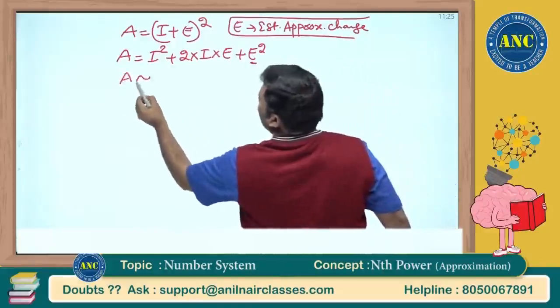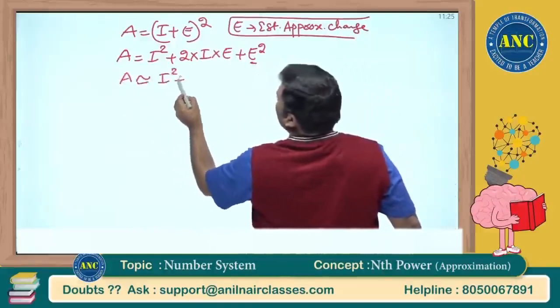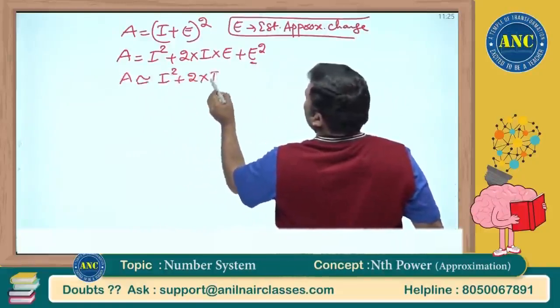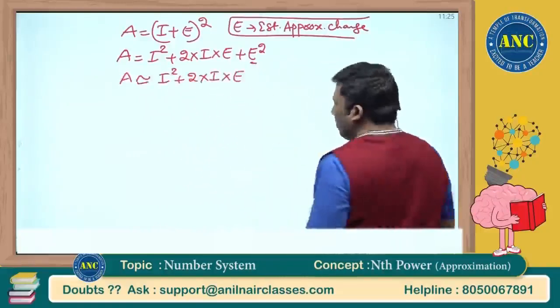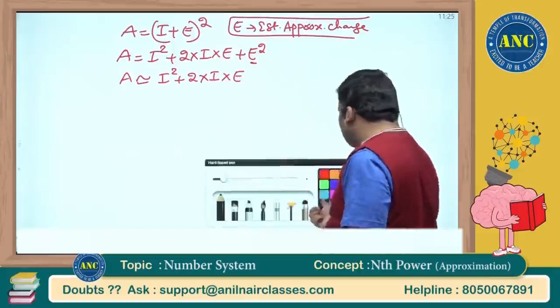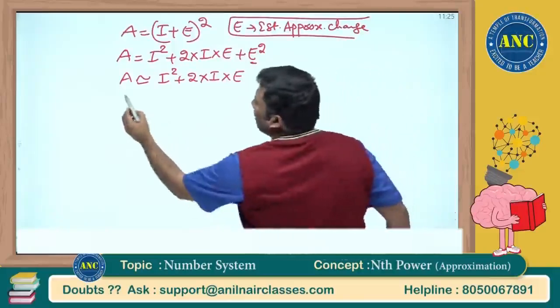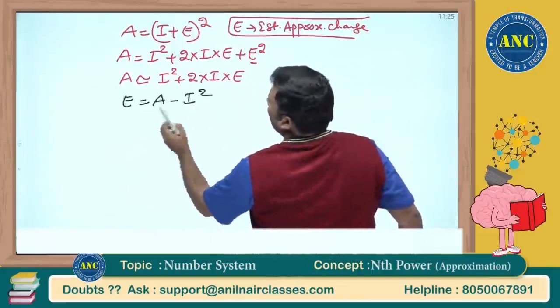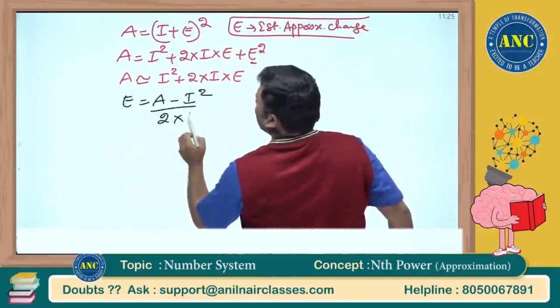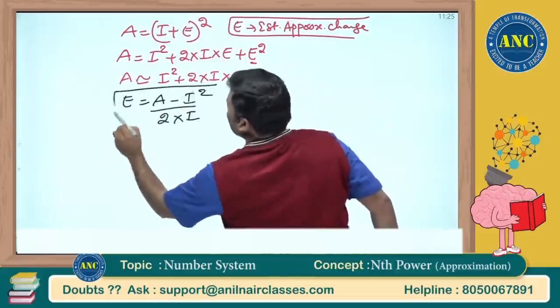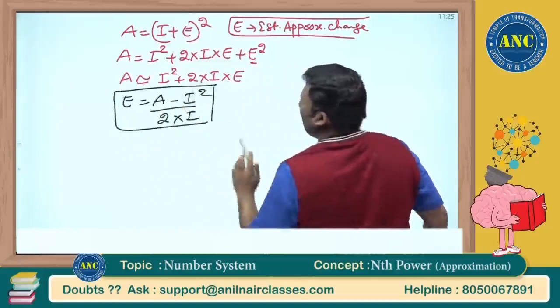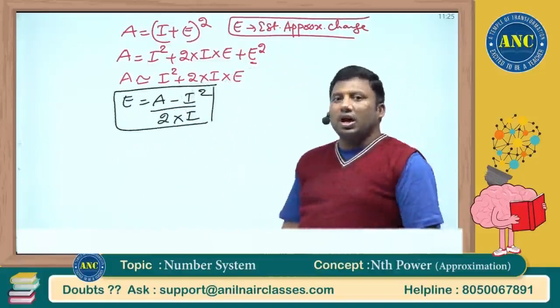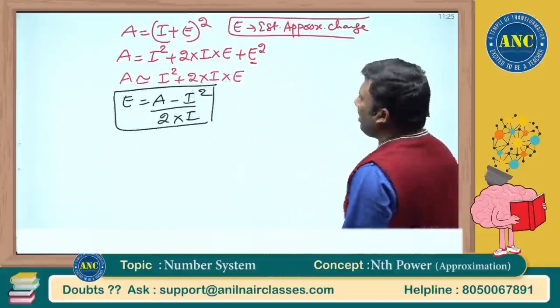So A will be extremely close to I square plus 2 into I into E. So E is nothing but A minus I square divided by 2 into I. Now the concept will be extremely clear to you.